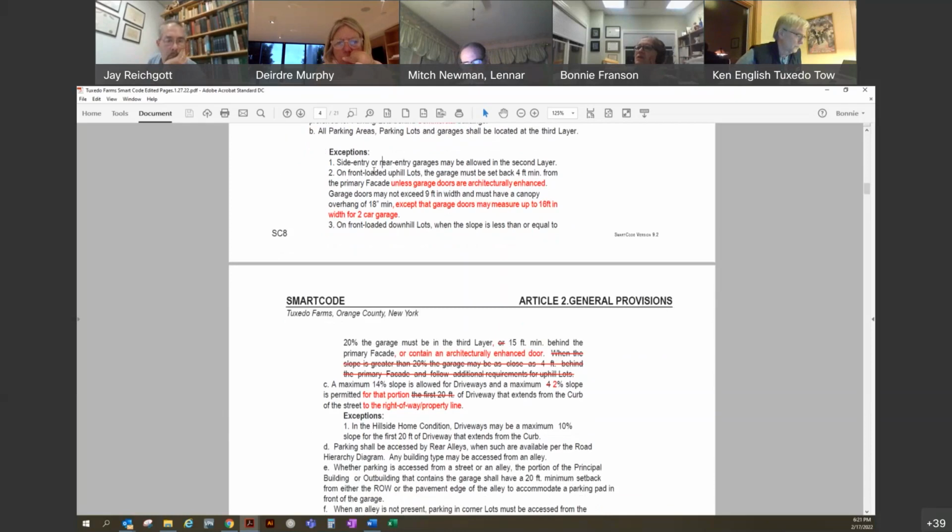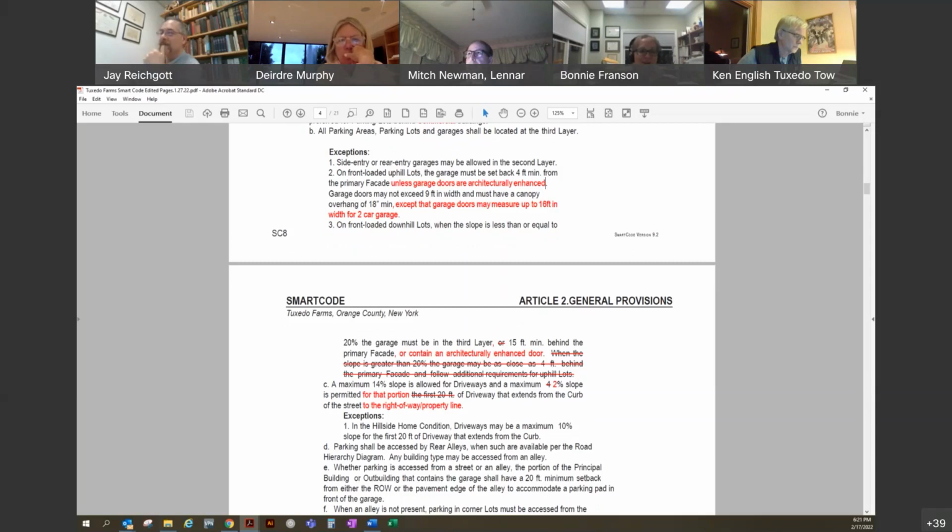Exceptions on front-loaded uphill lots: garages must be set back 4 feet from the primary facade unless garage doors are architecturally enhanced. I think we need to have a picture or some sense of what architecturally enhanced means. There are doors and there are doors.